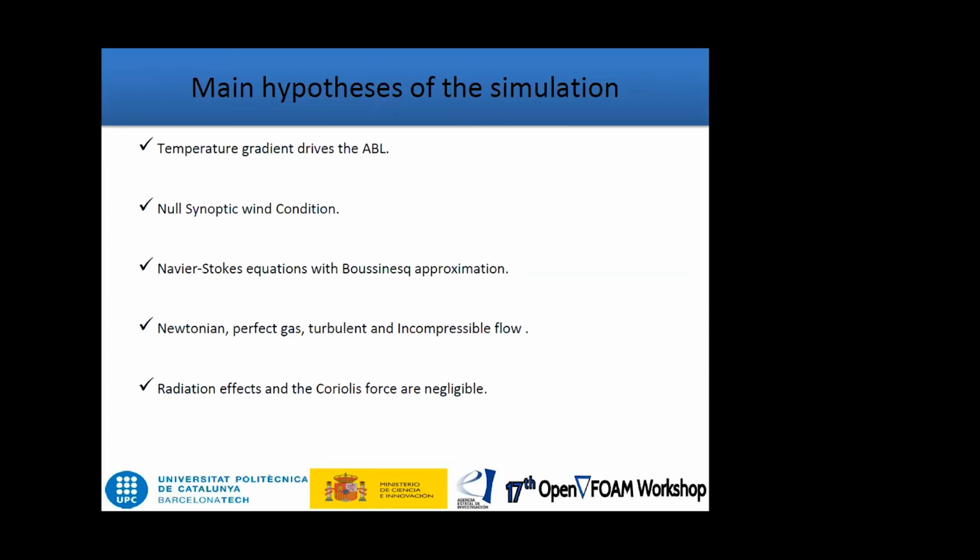I have taken the Boussinesq approximation. The fluid is a Newtonian perfect gas, and the flow solver is turbulent incompressible flow, considering only conduction and convection phenomena. I haven't considered the radiation effects on the slope, and the Coriolis force is negligible.